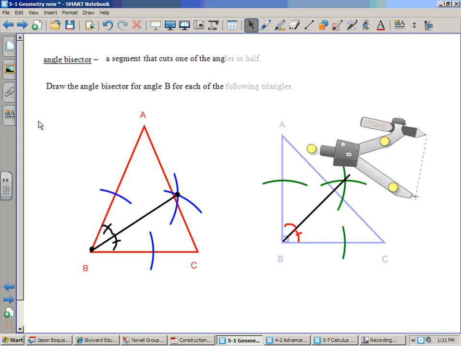So any questions on angle bisector or perpendicular bisector? Well, the nice thing is not only is that sheet you have your notes, it's also your homework. Your job is on the side that has angle bisector, which would be this side. Do the other two for each triangle. You've done one for each triangle, right?